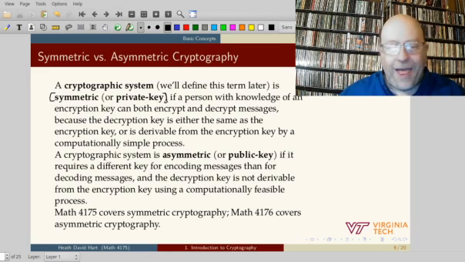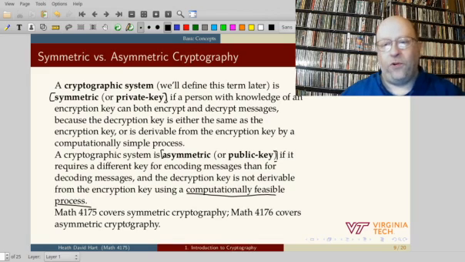In an asymmetric system, the encryption process and the decryption process are so distinct from one another that, if you know how to encrypt a message, you still don't know how to decrypt it. There is no computationally feasible process to be able to decrypt a message if you know the encryption process.